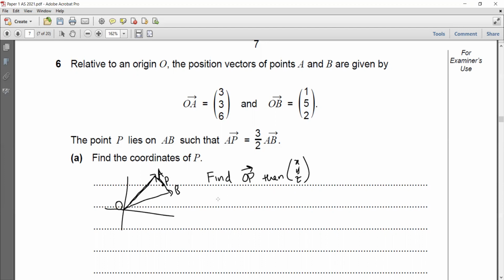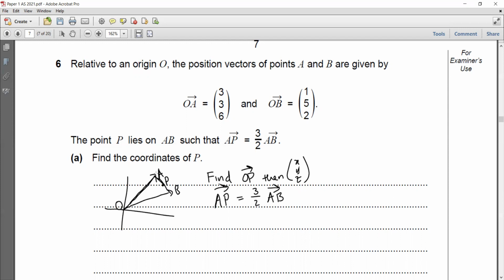We are given that AP is equal to 3/2 AB. Now, the way to think about these vectors is you are trying to get from one point to the other. I'm at A and I want to get to B. I don't know what this vector is, but I do know the vector OA.